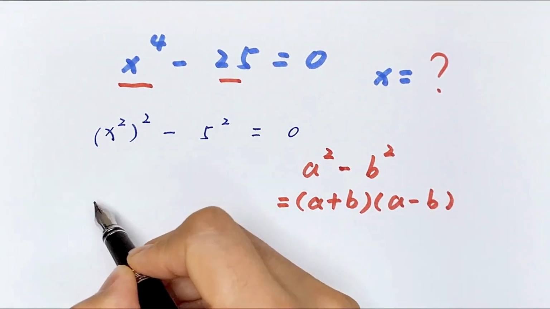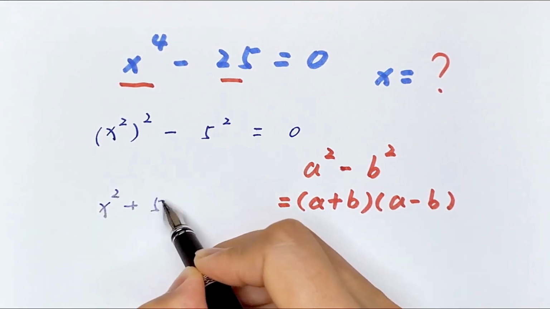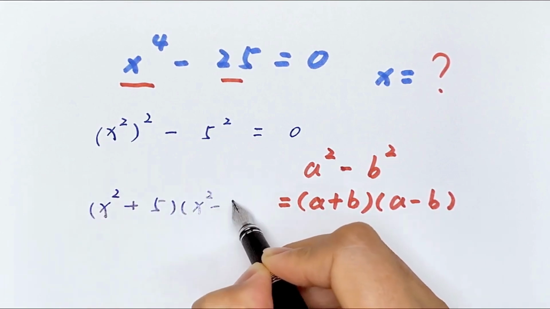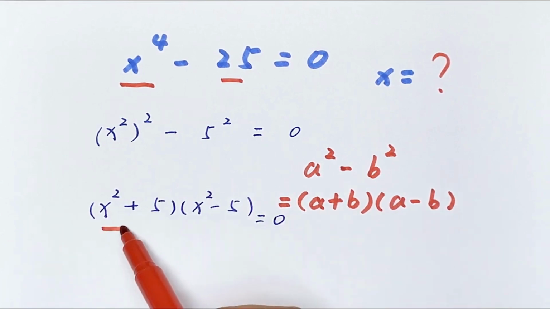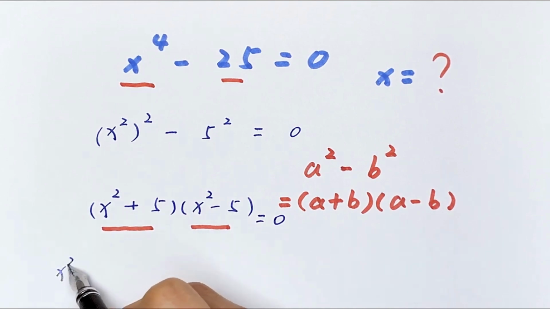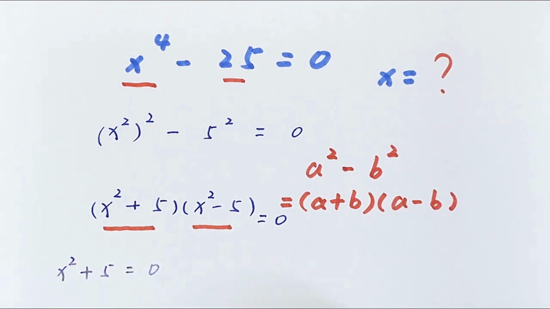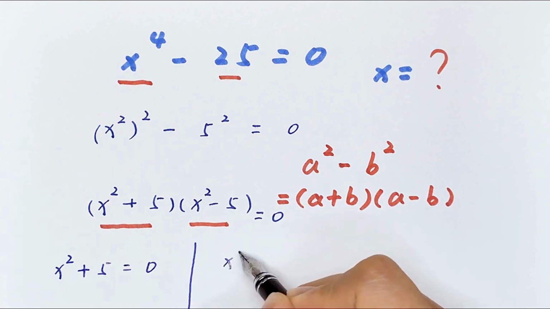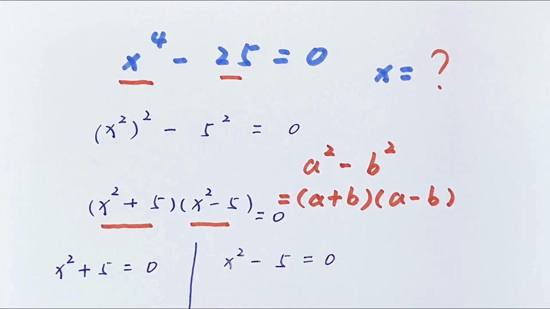So it will be (x squared plus 5) times (x squared minus 5) equal to 0. We have 2 cases: x squared plus 5 is equal to 0, and another case, x squared minus 5 is equal to 0.